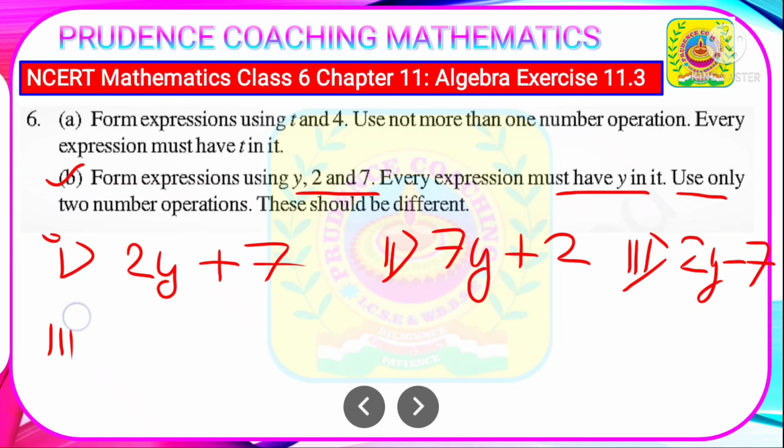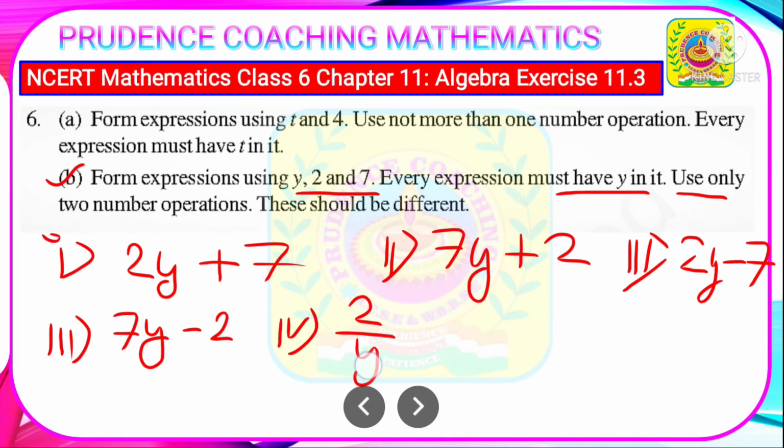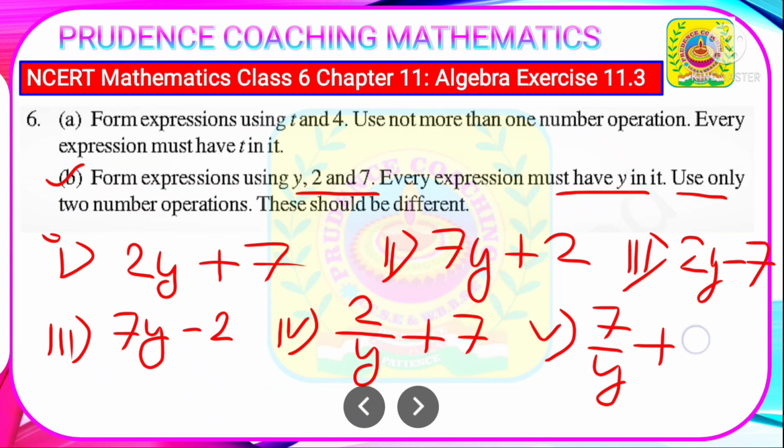Number 3, 7y minus 2. You can write like this, 2 divided by y plus 7. Number 5 you can write like this, 7 divided by y plus 2. Number 6 can be written like this, 2 divided by y minus 7.